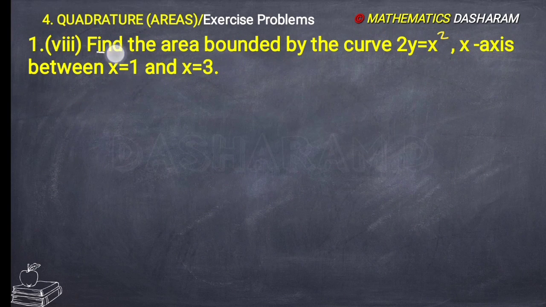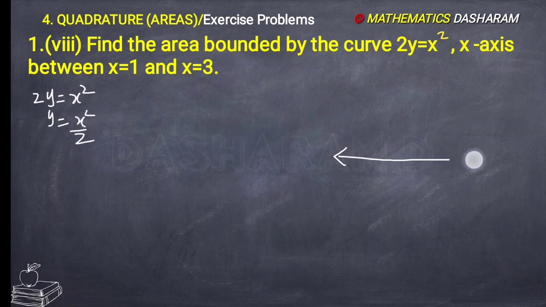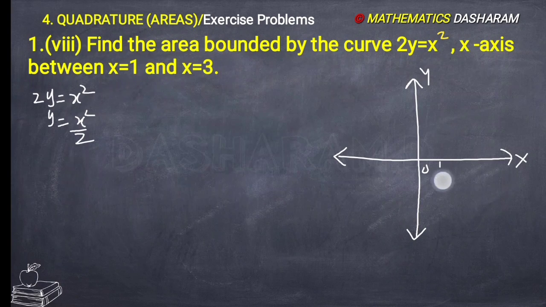Next question, find the area bounded by the curve 2y equals x square, the x-axis, between x equals 1 and x equals 3. So given that 2y equals x square, y equals x square divided by 2, so its graph is: x-axis, y-axis, here 0, here 1, 2, here 3.